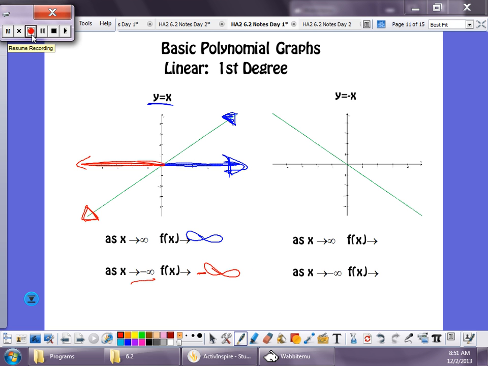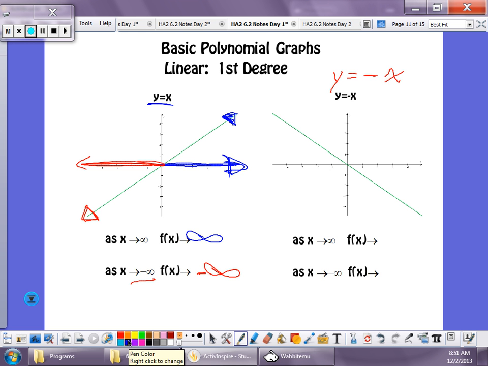Now we're going to look at what happens when we put a negative coefficient out front. So now we've introduced this negative in front of the x. Now, as x approaches infinity, where are my y values approaching? Negative infinity. Good.